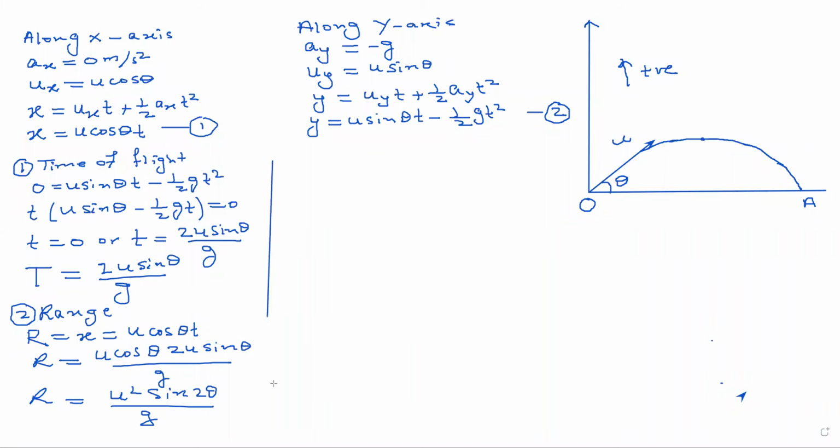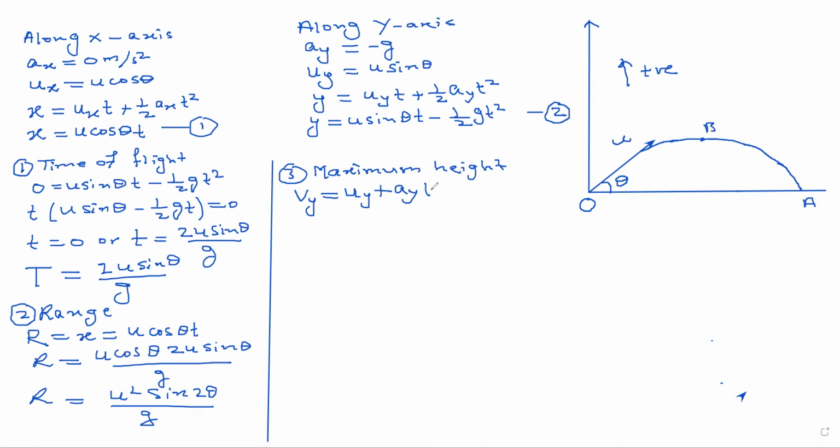Now coming to the next derivation, that is the maximum height attained by the projectile. What is the maximum height that the projectile attains during its flight? This is point B. For this, let us find the vertical component of the velocity at point B. We have the equation vy is equal to uy plus ayt.